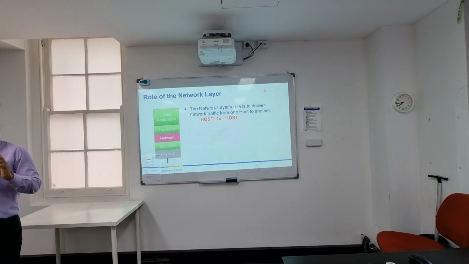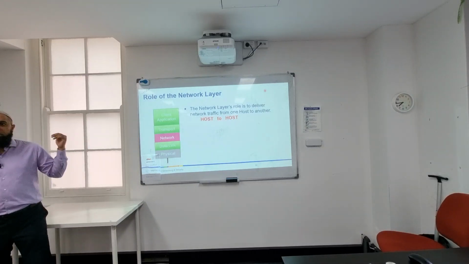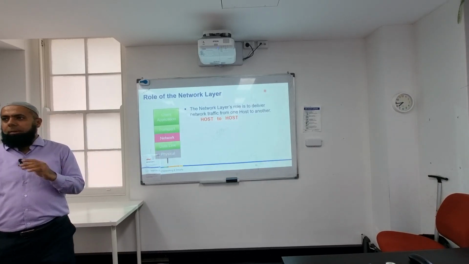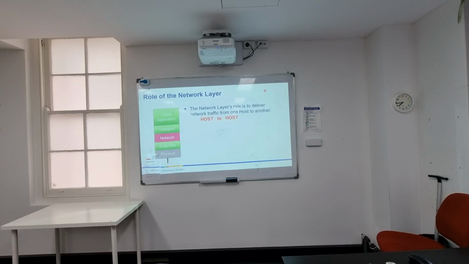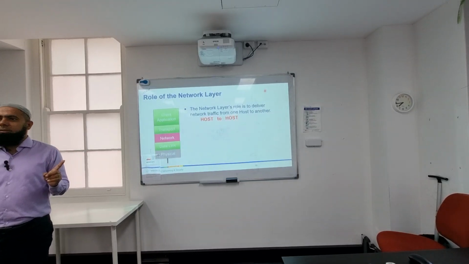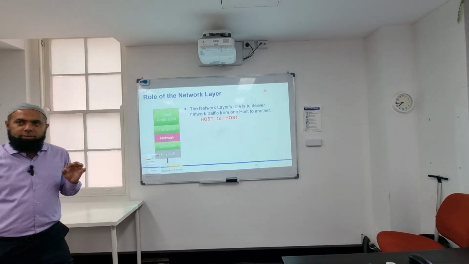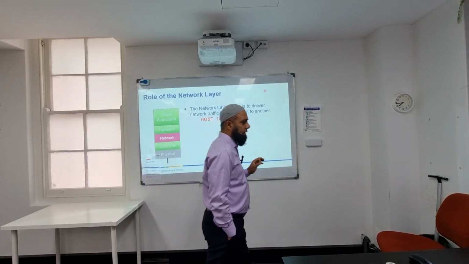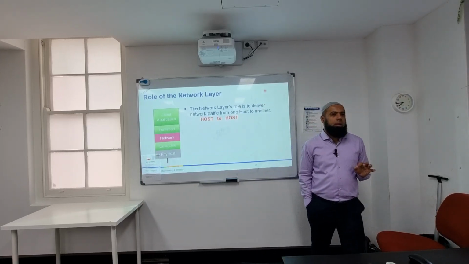Okay, yeah. So in simple terms, of course, with host to host, we need to explain more on that. But up till now, you know that with the data link, it's hop to hop. With the network layer, it is host to host. Okay, just write down that thing. That's one of the important points about your network layer. It is host to host.